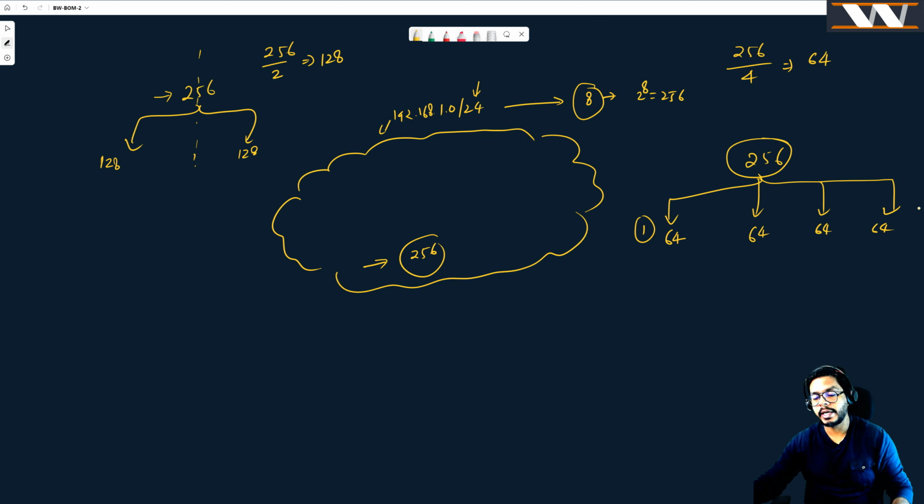Somebody can tell you, can you divide this 256 into 8? Absolutely, you can do that. Then this 256 divided by 8, you are going to get 32. It means that you are going to get 8 networks of 32 hosts.